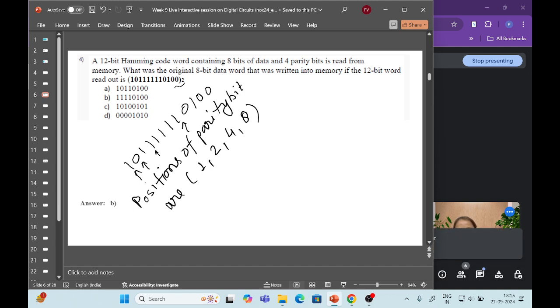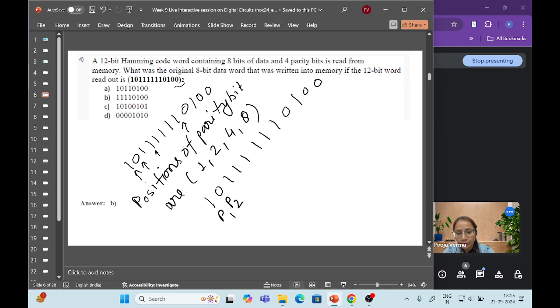I'm writing it here: P1, P2, D3, P4, D5, D6, D7. Here at position 8 the parity bit is there, so we write P8, then D9, D10, D11 and D12. Remove these places, then we will find the data bits.